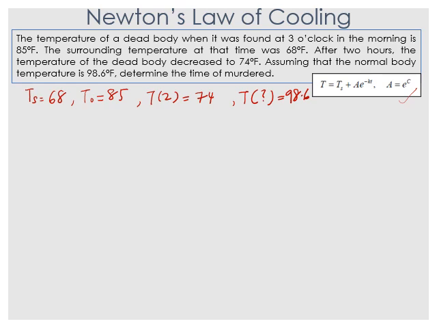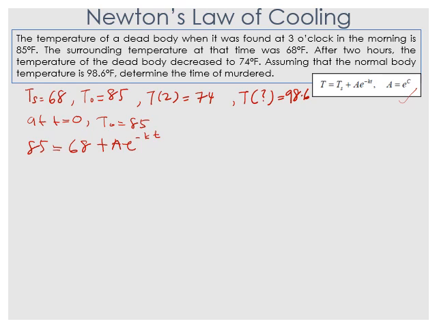First we substitute the T naught. At t equals 0, the initial temperature T naught is equal to 85. So we substitute the value in the solution: 68 plus A exponent negative kt.